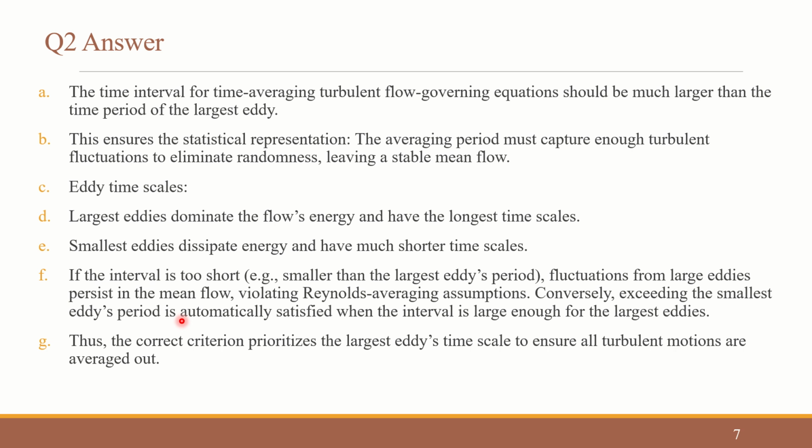If the interval is too short, we will not be able to capture the complete fluctuations arising from the largest eddies. Whereas if the interval is long enough, we will be able to capture the fluctuations from the small eddies as well as from the large eddies. So we need a larger time scale than the largest eddy. So this is question 2, and I hope you are clear with the answer.